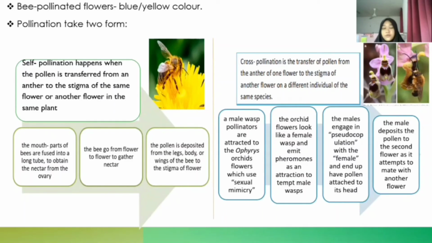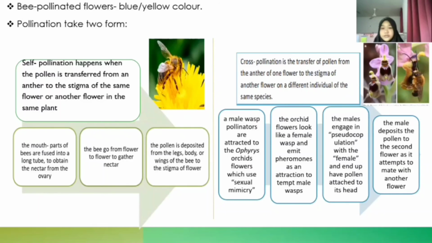The bee will go from flower to flower to gather the nectar, and then the pollen is deposited from the legs, body, or the wings of the bee to the stigma of the flower, and then the pollination will occur, as well as the double fertilization process.